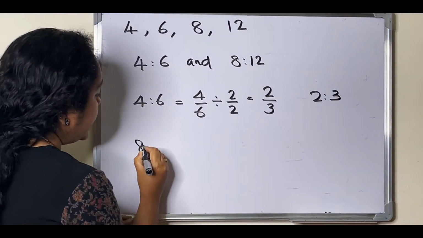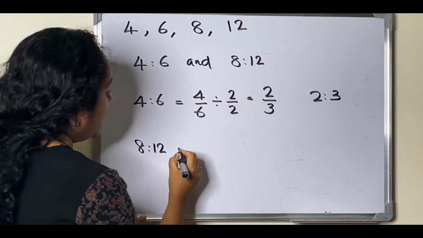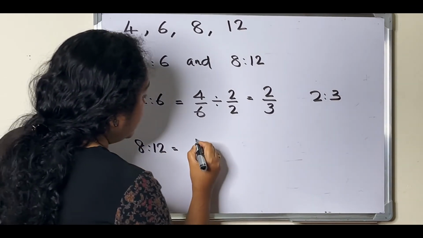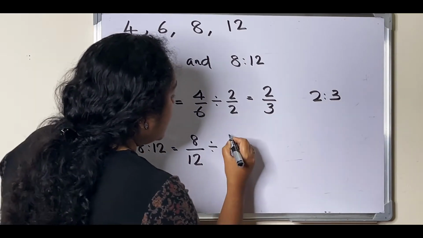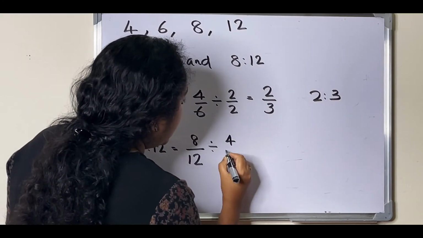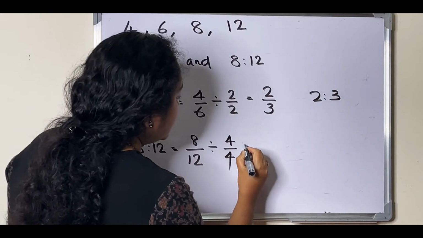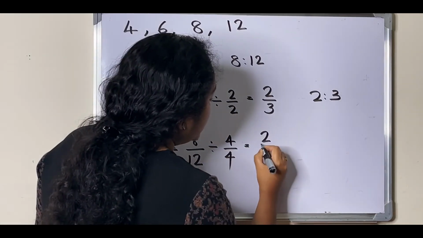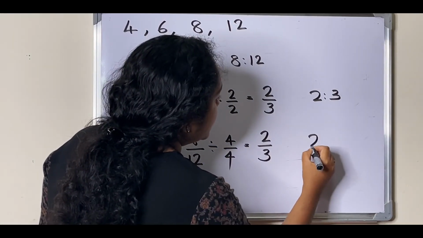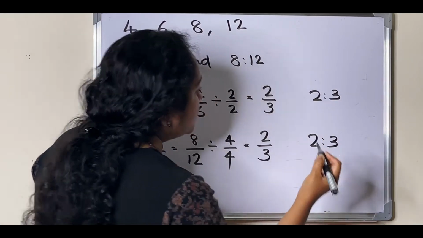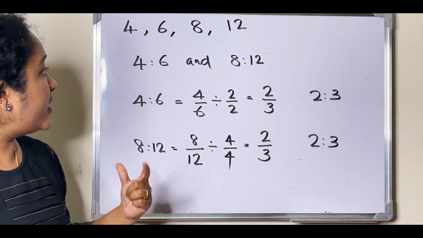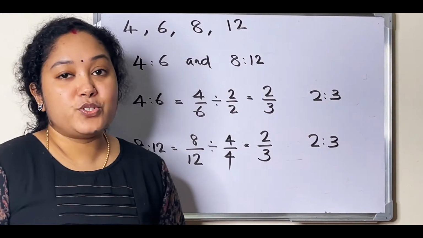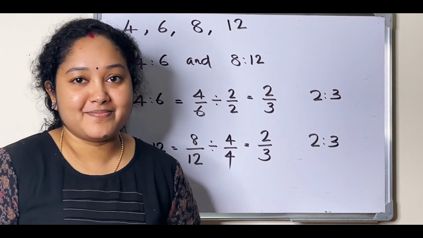Next is 8:12. 8:12 is 8 by 12 and is divided by 4 by 4, that is equal to 2 by 3, and the ratio is 2:3. Both ratios are 2:3. So 4:6 and 8:12 are in proportion.